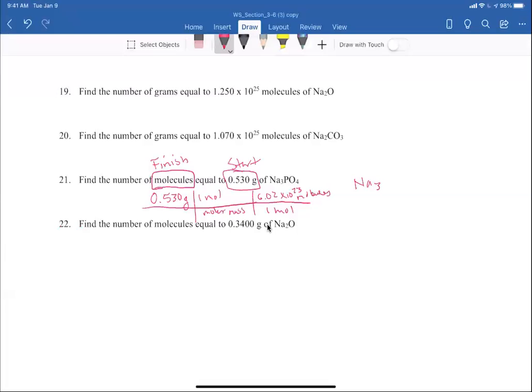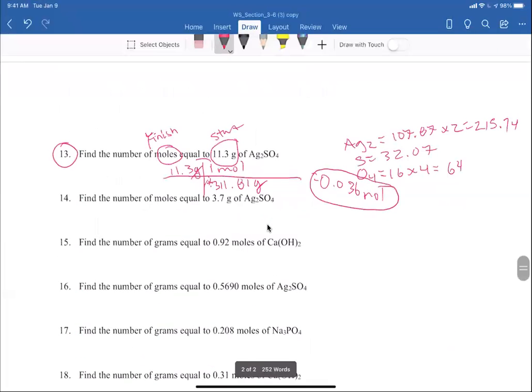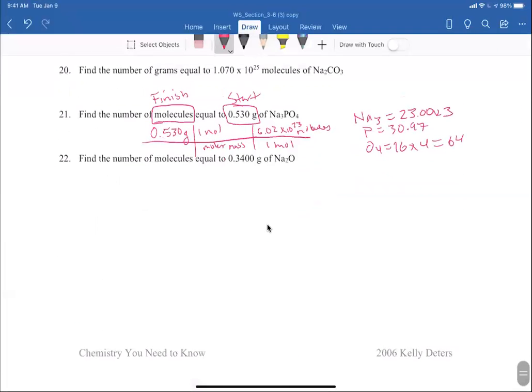So it's 3 Na's, 1 P, 4 O's. Na is 23.00. We're going to multiply that by 3. P is 30.97. We only have one of that. And O is 16, and 16 times 4 is 64. 23 times 3 is 69.